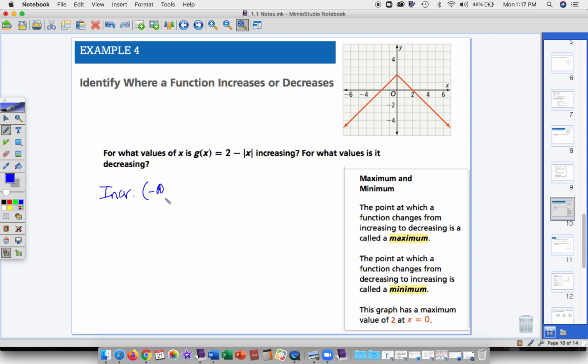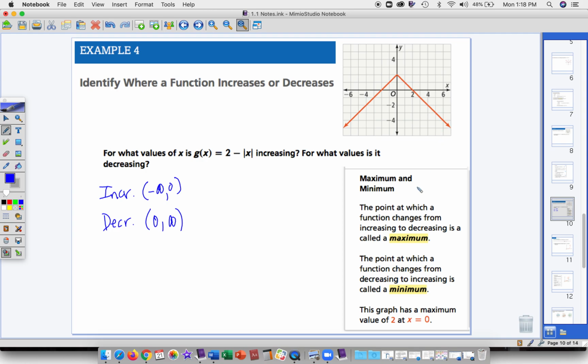From negative infinity all the way to here, where my x value is 0, the graph is increasing. It's decreasing after that, so from 0 on to infinity, because this graph doesn't stop. It's going to keep on going because of the arrows on the end. So from 0 to infinity, this graph is decreasing.